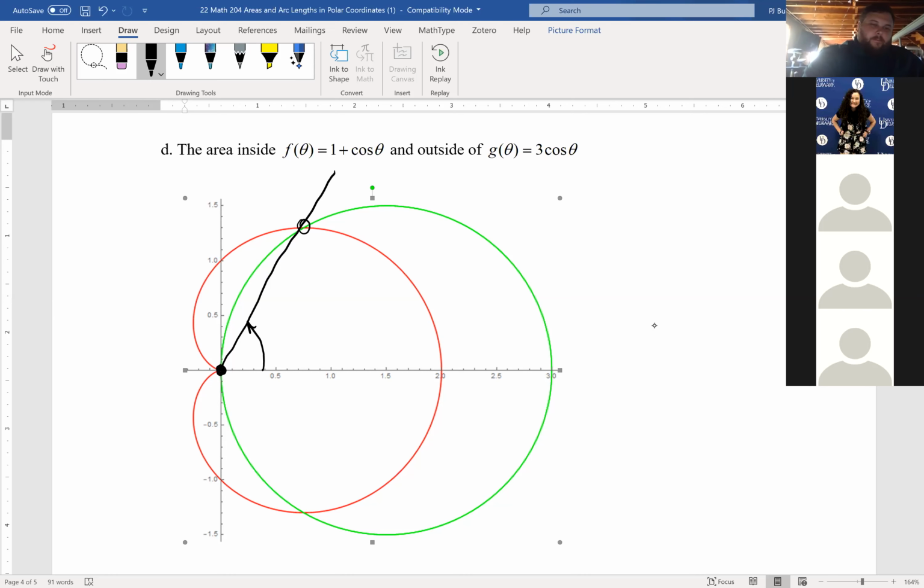And so that is not going to be the same angle for both functions, which means when I go to integrate, I need to separate the two integrals. So I'm going to integrate one function over one set of bounds and integrate the other function over a different set of bounds.